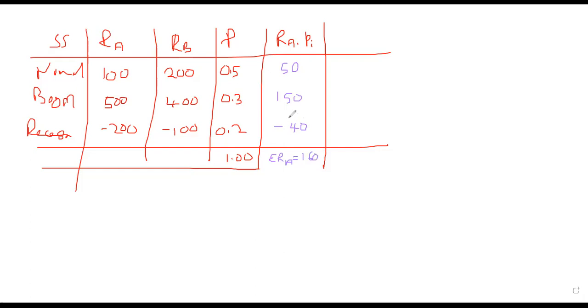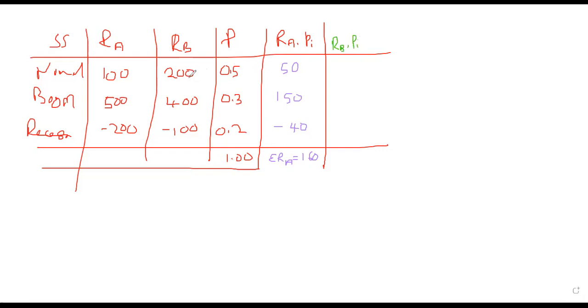Who wants to try? How do you find the expected return for asset B? Yes, Bianca. Okay, so for asset B, I think we do the same as we did for asset A, where we multiply the 200 by the 0.5, which is the probability.